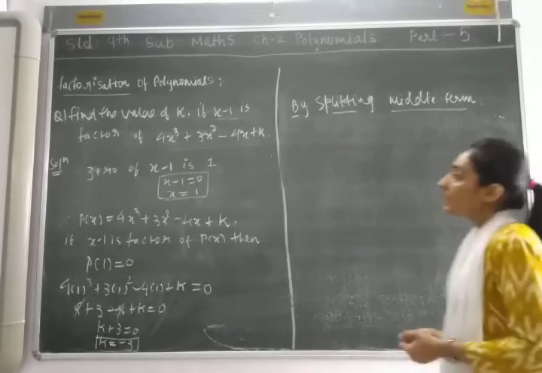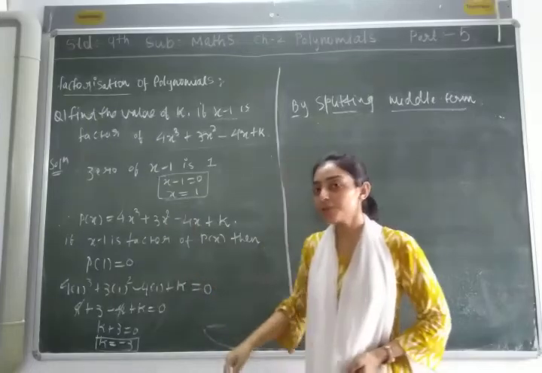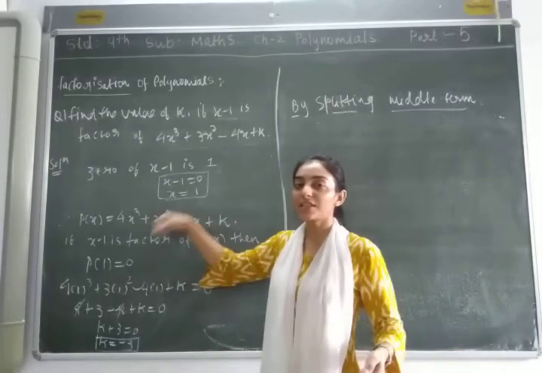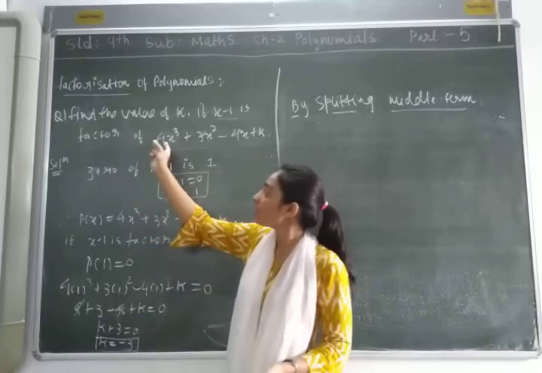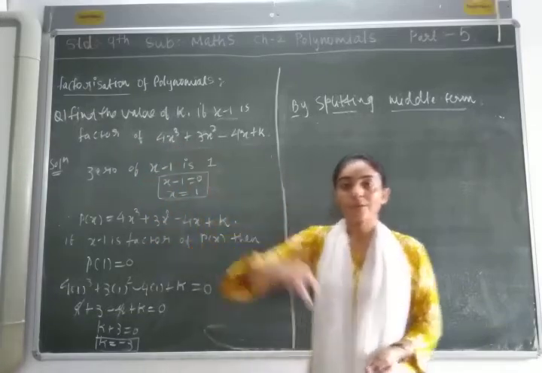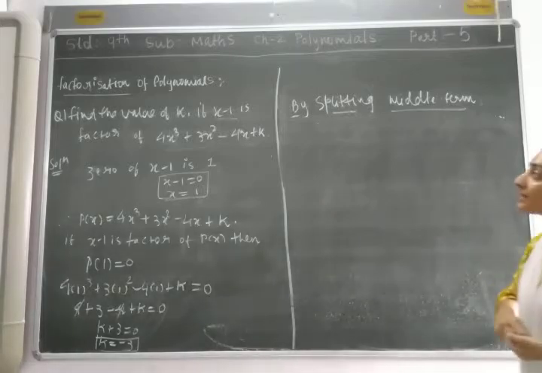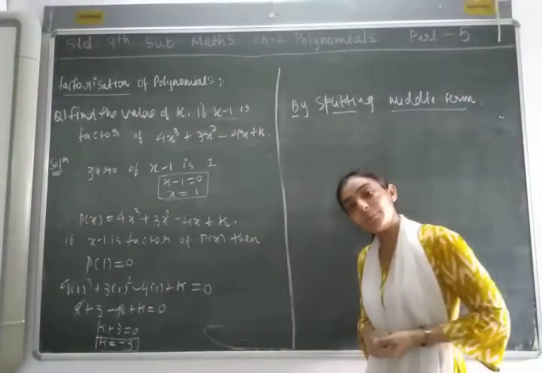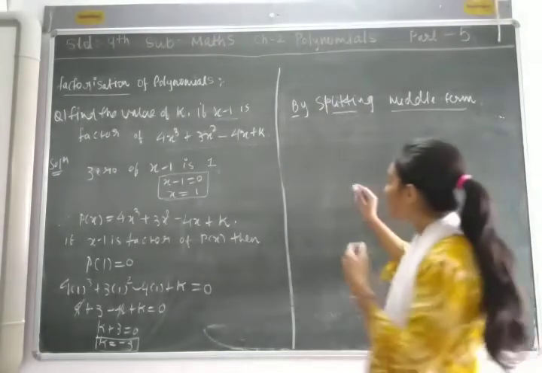See, here the factors were given. We just directly put the value and check whether that polynomial is a factor of the given polynomial or not. The second method, for a quadratic polynomial, is splitting the middle term.